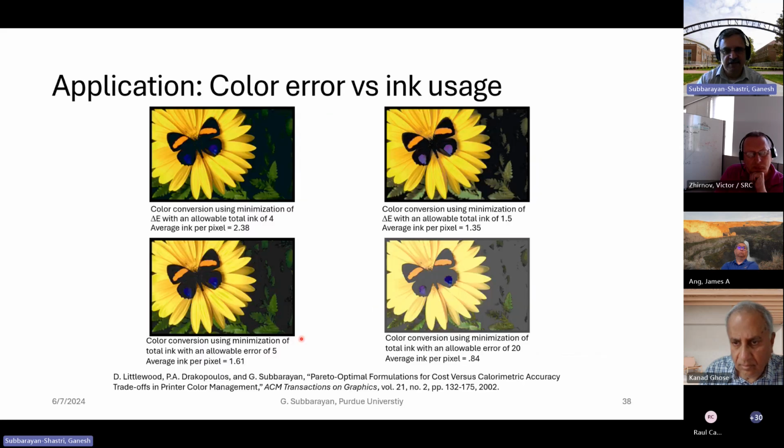So we did this, and here is an example of how this sort of machine learning model can be used for color mapping with different amounts of allowed error, or different amounts of ink. If you want less ink but similar error, you get an image like this, etc. So again, this is all published work. So here is an example where machine learning actually worked.